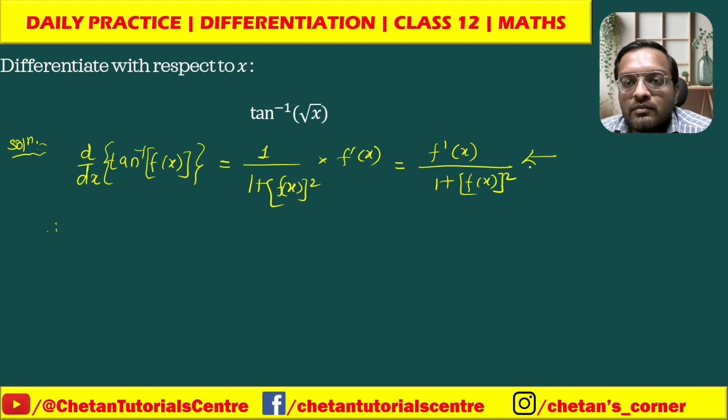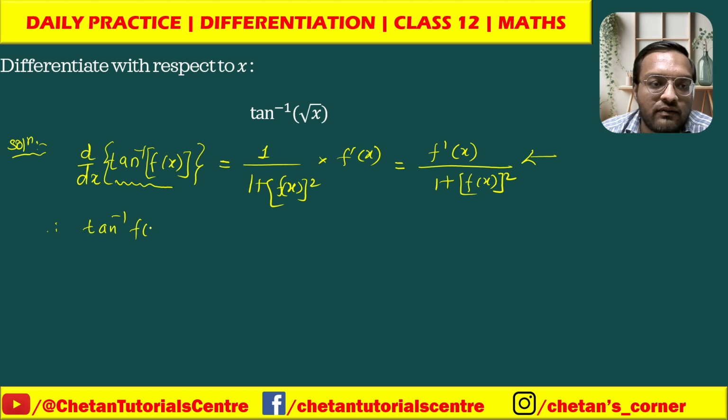So this is the formula that we are going to apply in this question. Now how to apply this? Here we have the standard inverse trigonometric composite function, that is tan inverse of f of x, and we are going to compare tan inverse of f of x with tan inverse of under root of x.